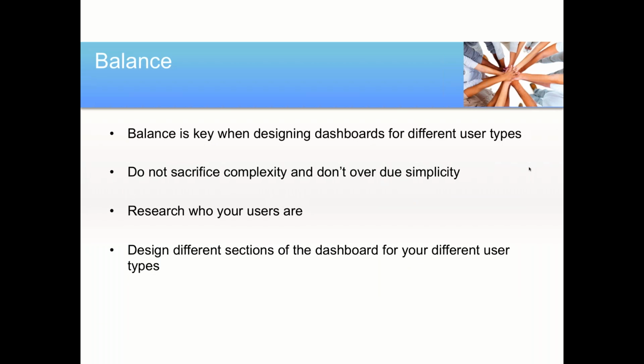So balance is key when you're designing your dashboard for different user types, but you have to know who the user types are, and what the scenarios are that they're going to use your dashboard. Makes sense, it's important. Don't sacrifice complexity and don't overdo simplicity. You have to know who your users are, so research who they are, and then design different sections of the dashboard for your different user types.